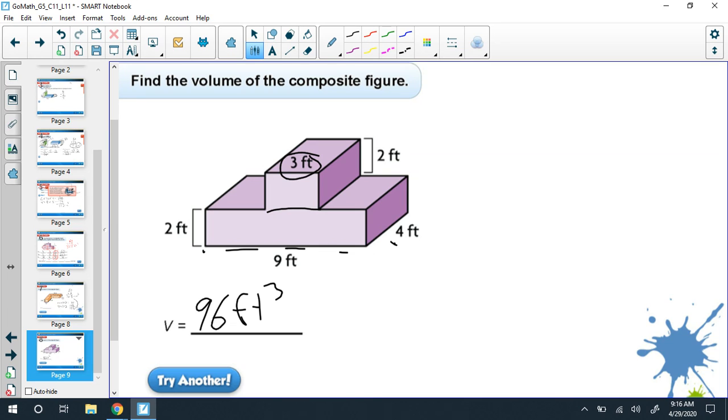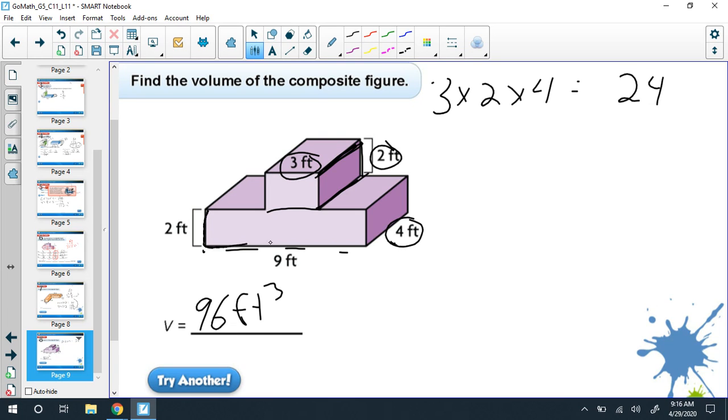So we get 3 by 2, so 3 times 2, and then we know we need this dimension, which is over here. It's times 4. 3 times 2 is 6, times 4 is 24.